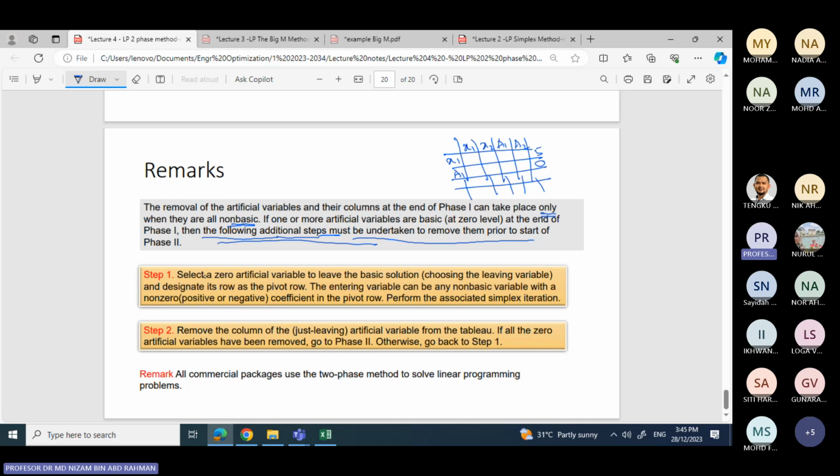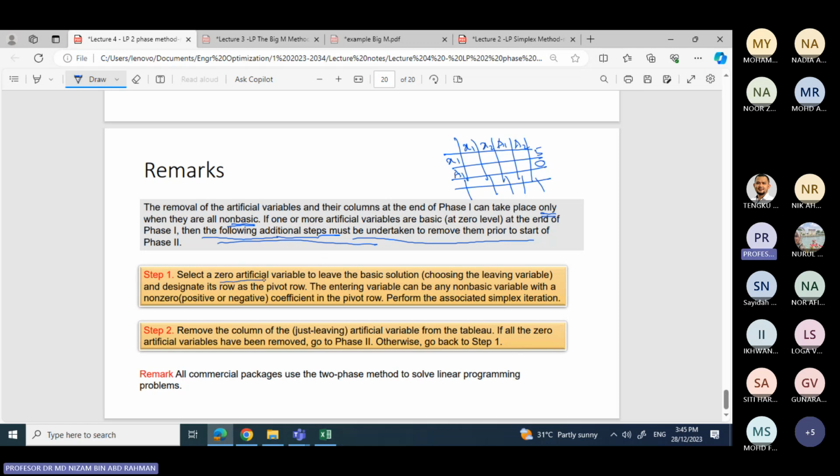So let's say, for example, you're having this particular condition. Where A1 is part of the basic variables, but its value is 0. So now you need to remove this A1 from the basic solutions. How to do it?